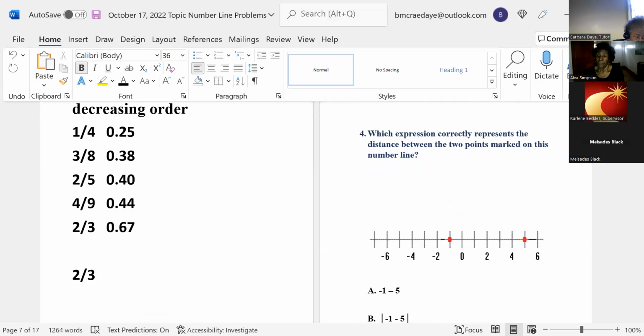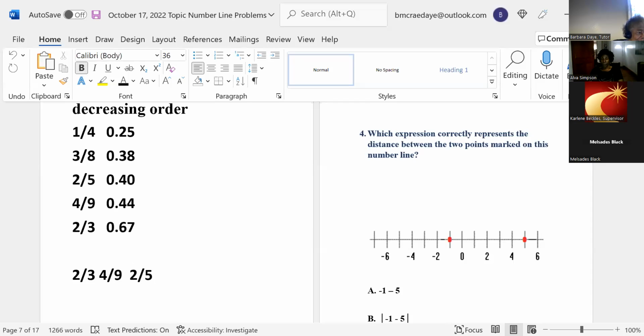The next one is 0.44. What is that fraction? 4/9. Okay, keep going. The next one is 0.40. Fraction: 2/5.